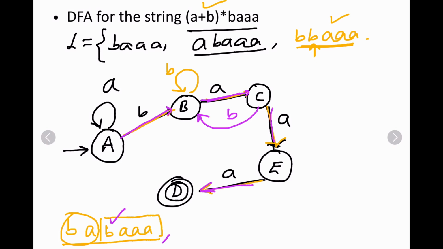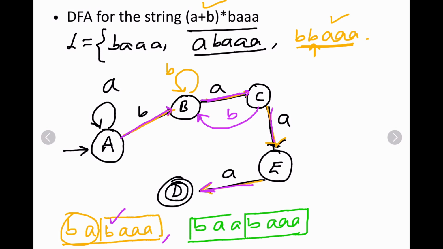We'll take one more combination. I'll take one more combination: babbbb. So this is also a valid string because it ends with bbb. So how do you construct for this string? Look at this.